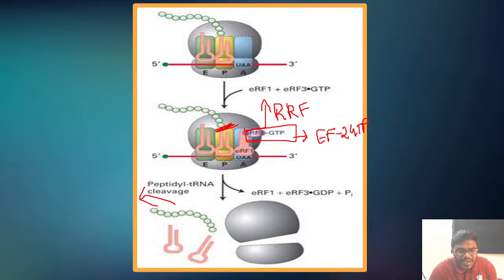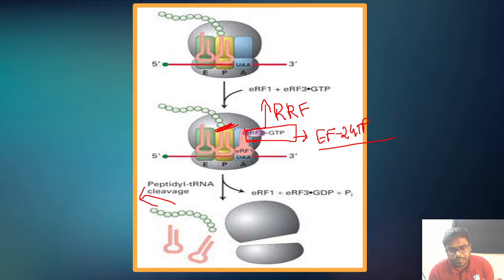This particular tRNA, after cleaving the polypeptide, will become inactive, right? Obviously the inactive tRNA has to come to the E site. How will it come? Of course, with the help of EF2 GTP. Once it comes to the E site, it will exit, and the peptide chain is also released.